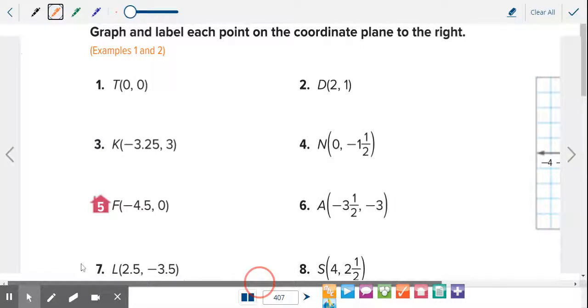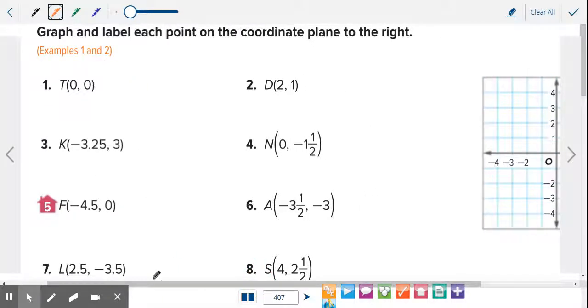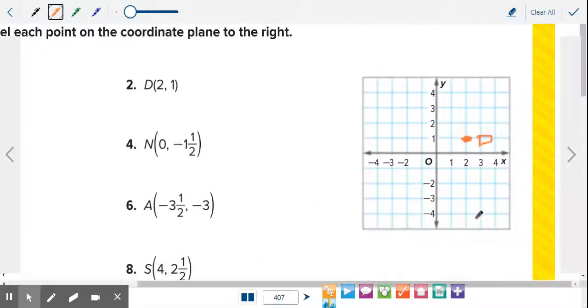All right, let's do number 5, -4.5, 0. So -4.5, 0. So are we going to the left or the right? Brody? Left, because it's -4.5. So here's -4. Where would -4.5 be? Brody?